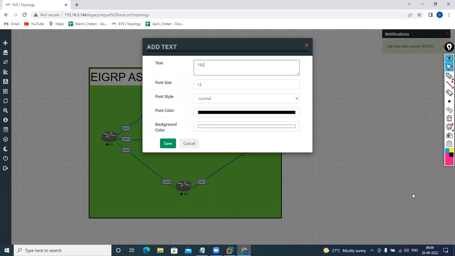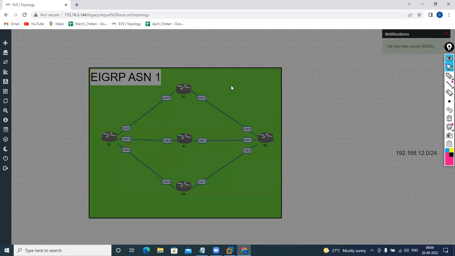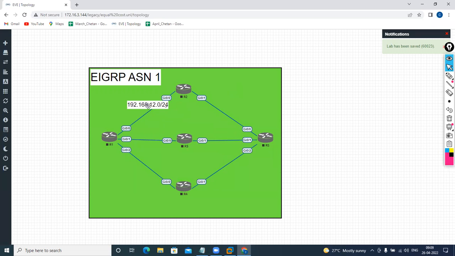So the IP address 192.168.12.0 between R1 and R2. This is 25.0.